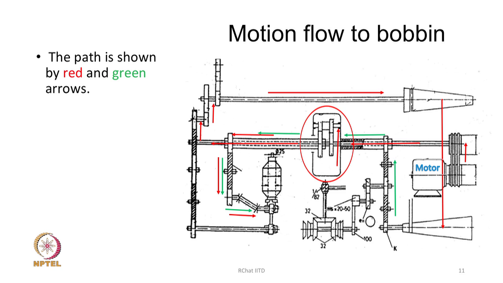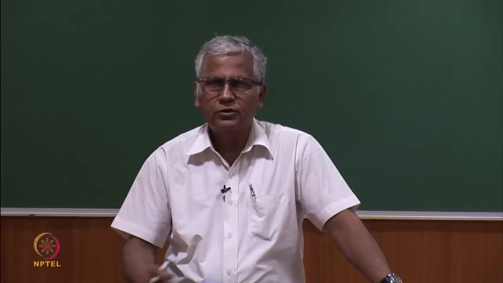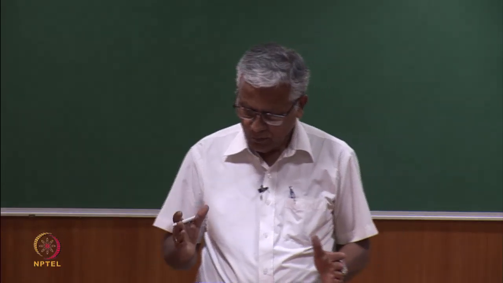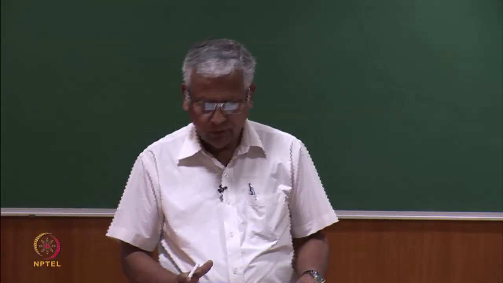Therefore, this constant drive that comes from the motor to the differential gearbox and the variable speed, which is being fed to this gear number 50, through that the output goes to this gear. From here, through these red arrows, it actually goes to the bobbin. So, this is the motion transmission path from the motor to the final bobbin.